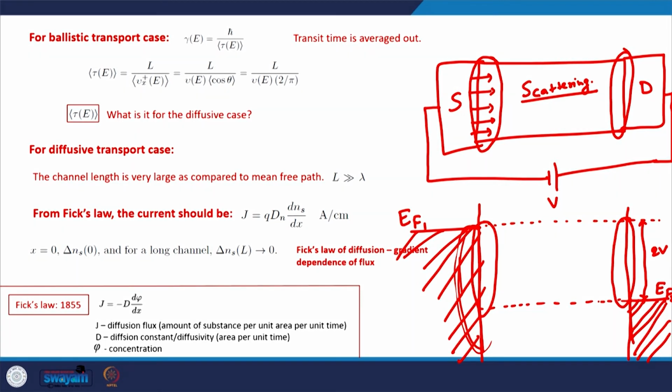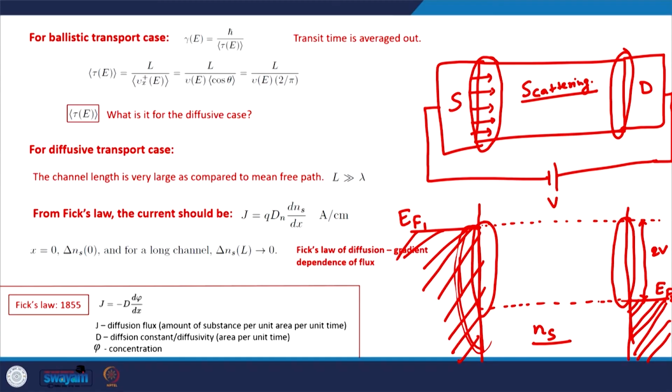In steady state, let us say there is a steady state concentration of electrons Ns, that is the steady state sheet charge density in the channel. On this side we have an excess of electrons.